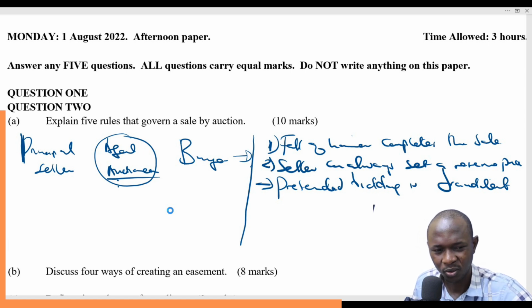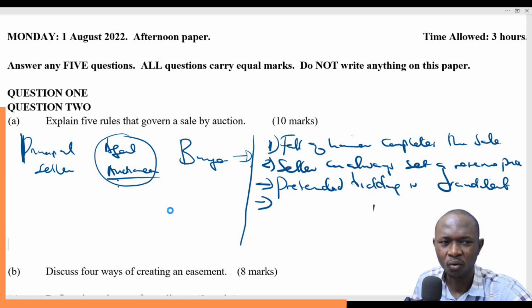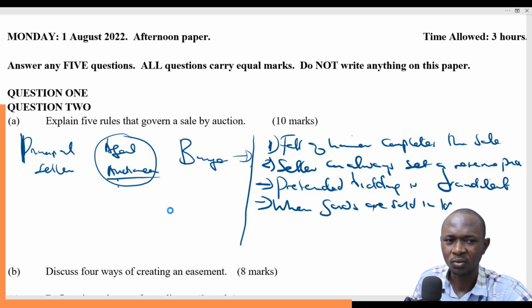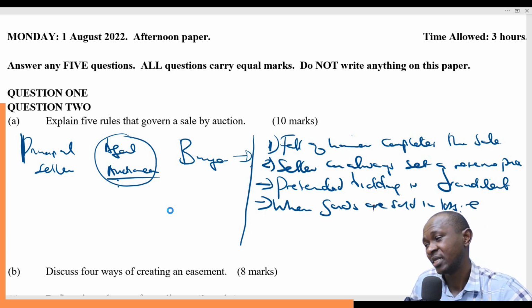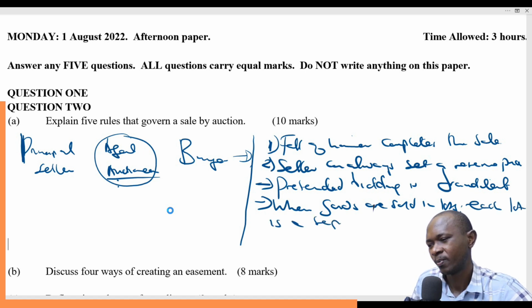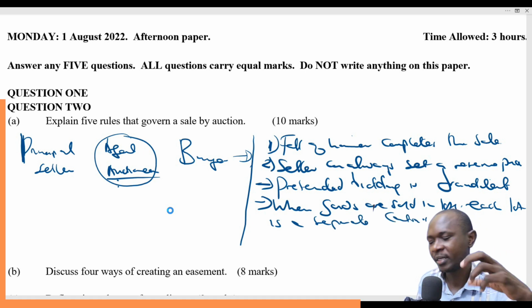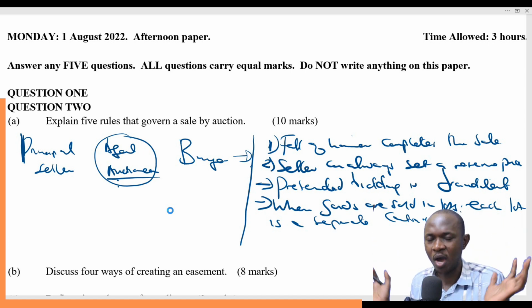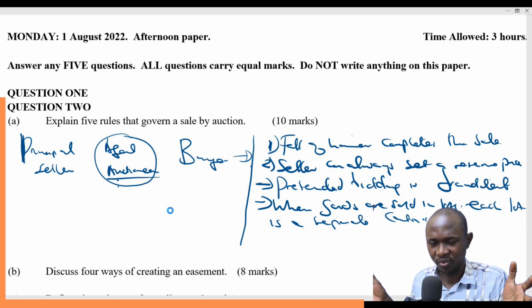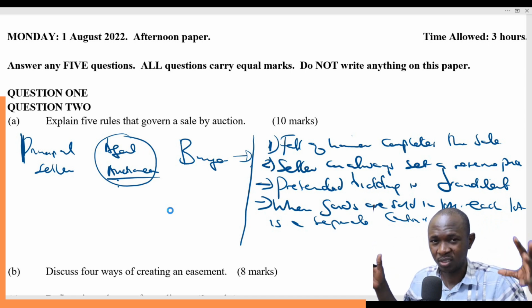We are working with 5. Number 4, when goods are sold in lots, each lot is a separate contract. So, for example, when we have so many items that now form one lot, and we are selling them in those lots, then it means one lot is one contract, and they're supposed to be bid as a group.